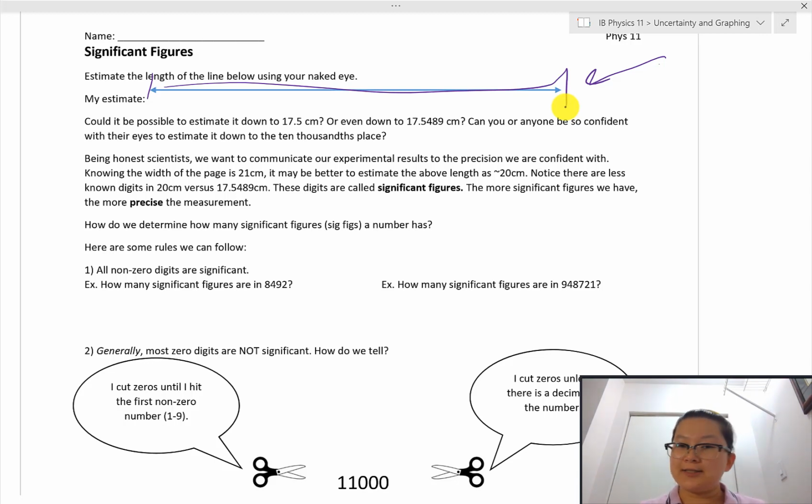The more digits that I can communicate, the more precise the number is, the more specific I can get down to the actual measurement itself.